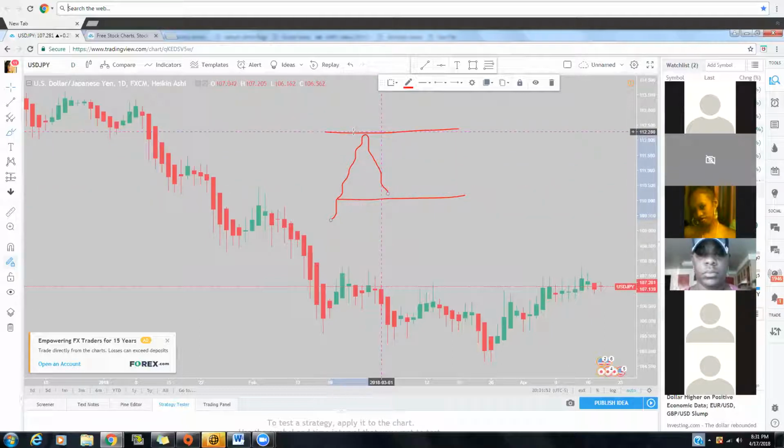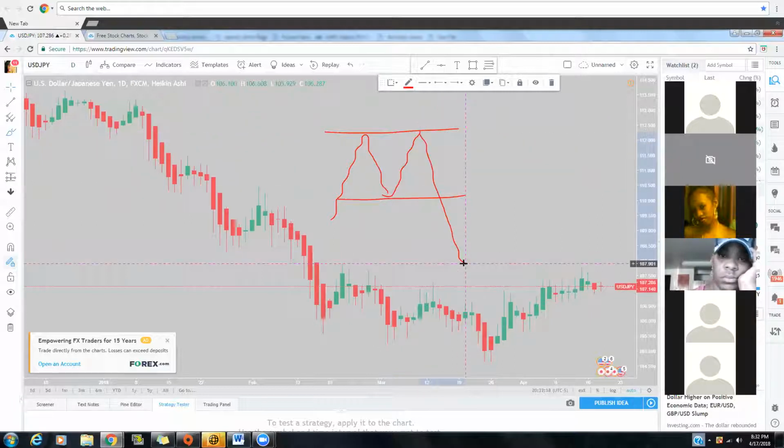This is going to be your ceiling or your resistance. Down here, if the candle comes down here, hits, and then reverses and goes up, and you have your noticeable change of direction, and down here is going to be considered your support or your floor. So you'll notice the market move in between until it makes a breakout. And then it either breaks out to the bottom or it could break out to the top, either or. But that's how you know where you find your support and resistance.